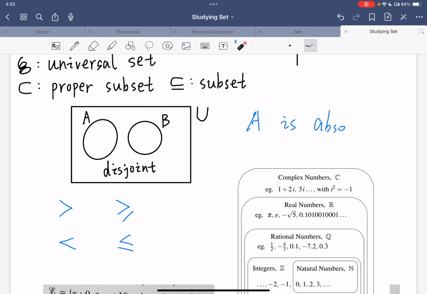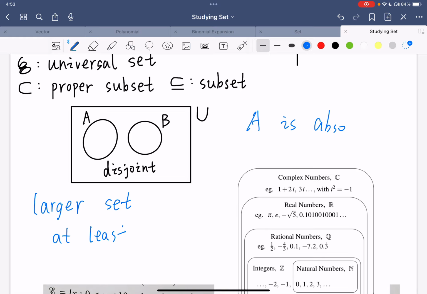And in order to be a proper subset, for the larger set, it has to have at least one element that is different to the smaller set.